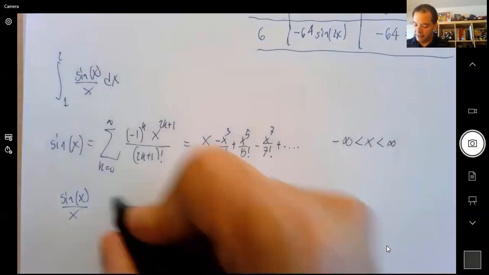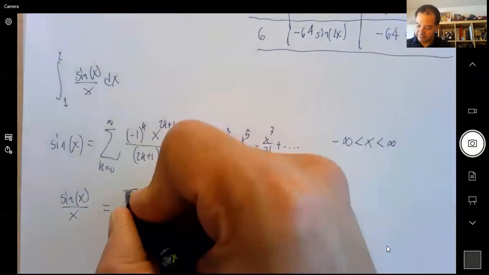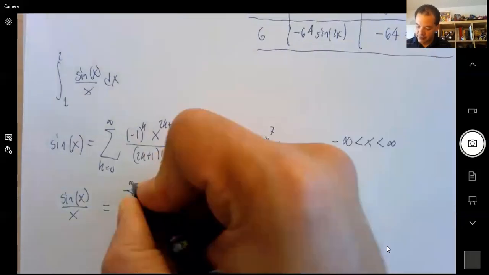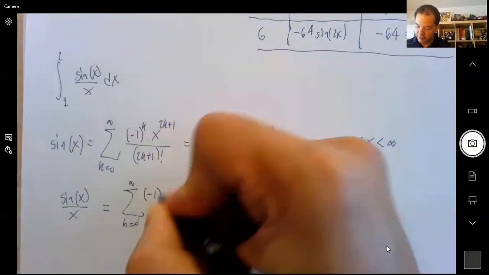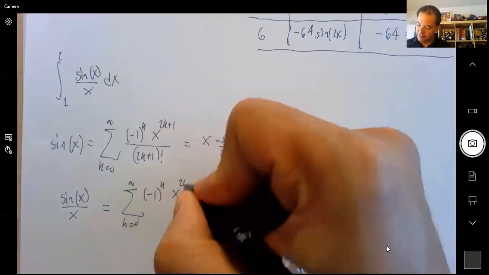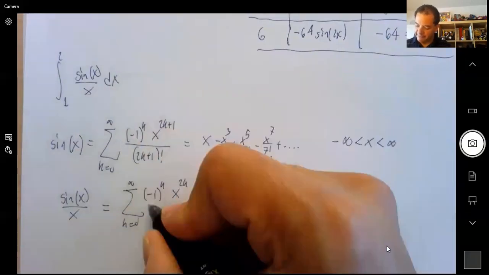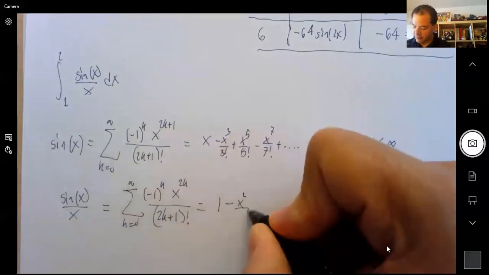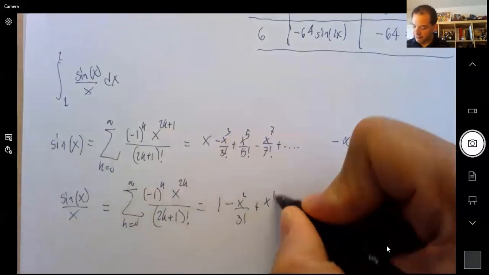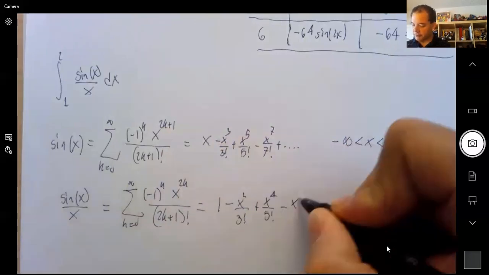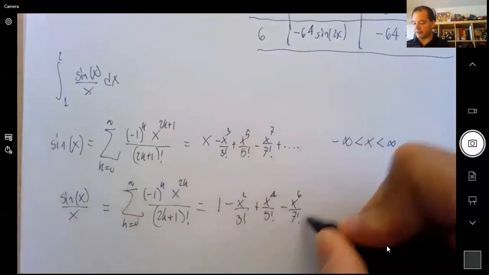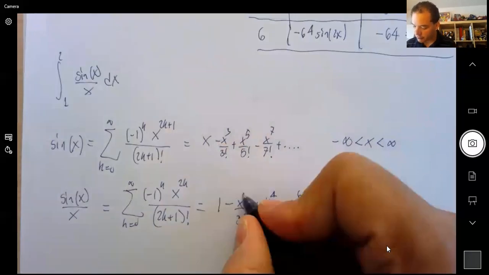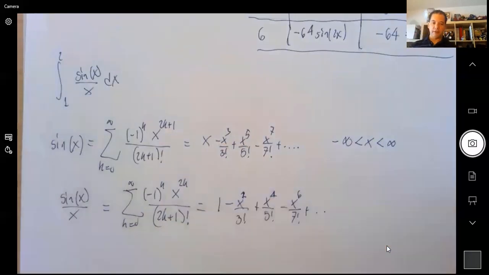Then we divide by x, and what we get is the sum of negative 1 to the k, x to the 2k. So we cancel this x, right? In other words, this is 1 minus x squared over 3 factorial plus x to the 4 over 5 factorial minus x to the 6 over 7 factorial, etc. So now we subtracted 1 from the exponent, right?